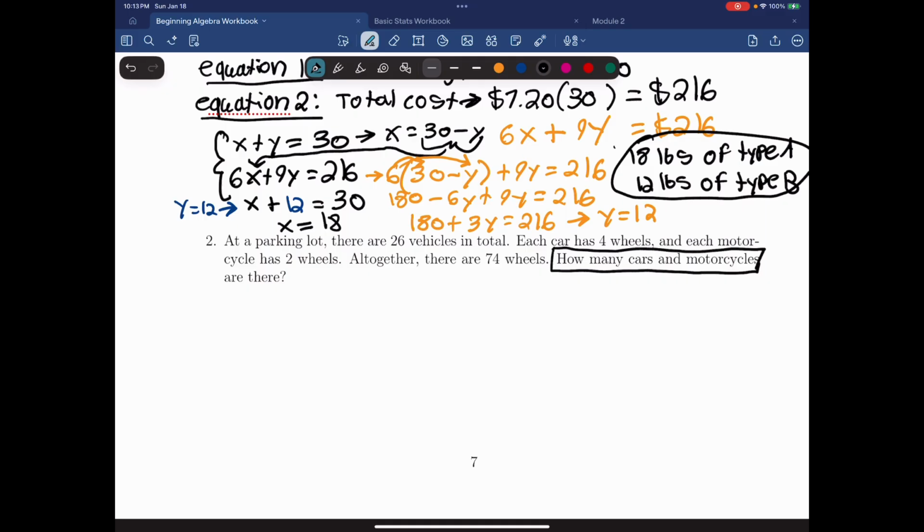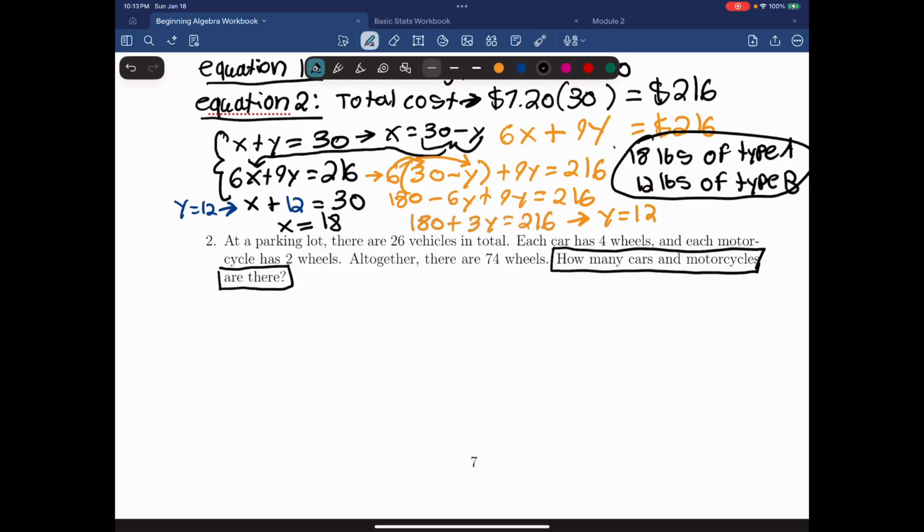So this is very similar to our first problem, where we have a blend of 2 different types of things. We have a blend of cars with 4 wheels and a blend of motorcycles with 2 wheels. And we have a total amount of certain wheels, and we want to know how many cars and motorcycles there are.